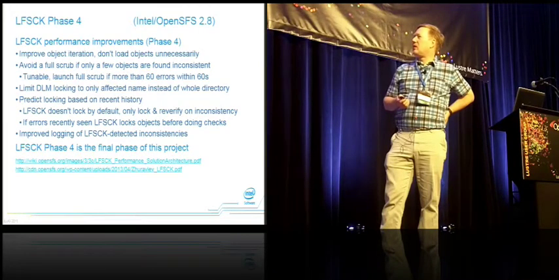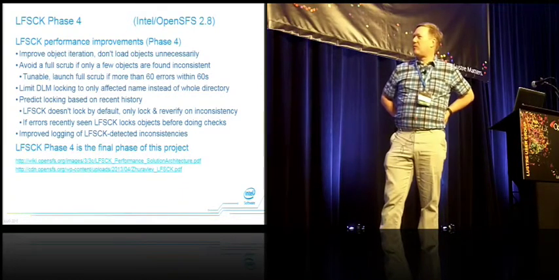The first one is the last phase of the Lustre file system checker. Phase 4 is primarily concerned with improving the performance. During the earlier phases, obviously there was some attention being paid to performance in general, but the majority of the implementation phase was targeted at functionality.